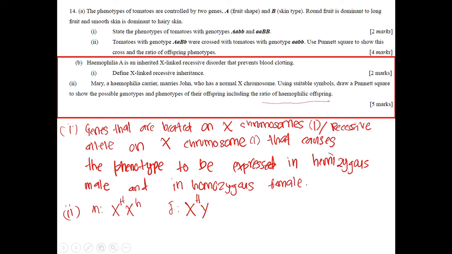So kita guna page sebelah. Dia suruh guna Punnett square, tapi sebelum tu kita start macam biasa. So P, parents, parental genotype. So you have Mary who is carrier and John who is normal. So the gametes, remember mesti letak arrow.